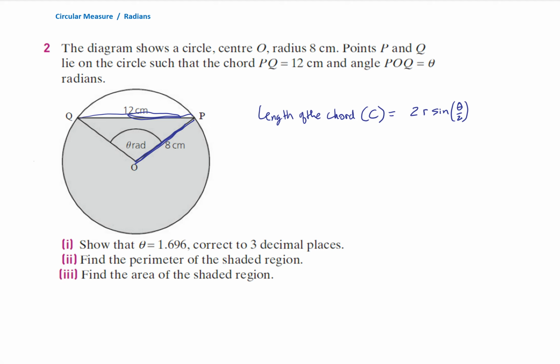So for part 1, what I'm going to do is 12 is equal to 2 times 8 times sine of theta over 2. So theta over 2 is equal to sine inverse of 12 over 16.